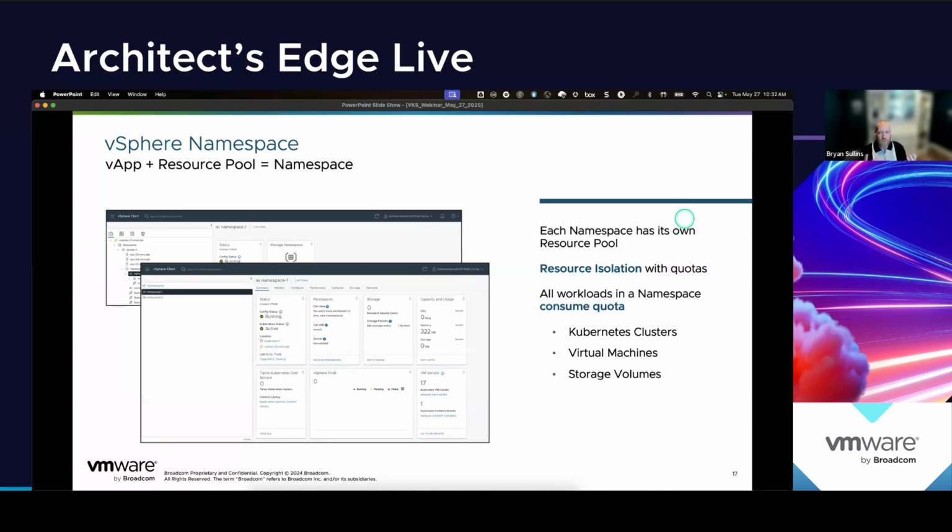Because remember, ultimately all of these containers run within virtual machines, and I need to provide a method by which those VMs are administered. And that's where we have the best of both worlds: it is a CNCF-conformant capability through Kubernetes, but we also have the familiar entity, in this case a resource pool.